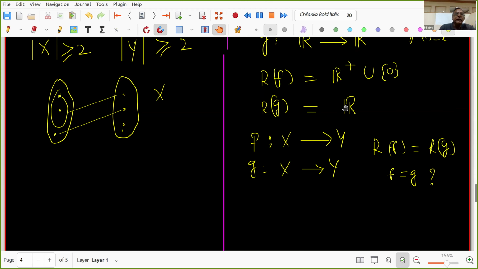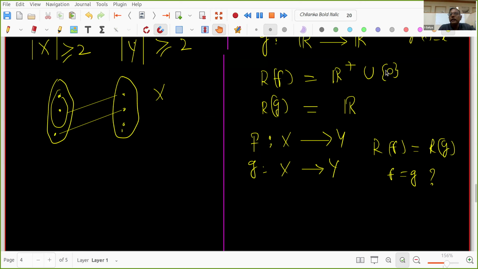That is okay, but I asked a different question. You are answering something else. I said there are two functions whose range sets are equal, then are the functions equal? That is the question. Sir, it might not be equal because at some particular element it is not so. I am asking whether you have a counter example or not. Okay, no problem. Kunal, Kajal, room number 5, do you have any example?